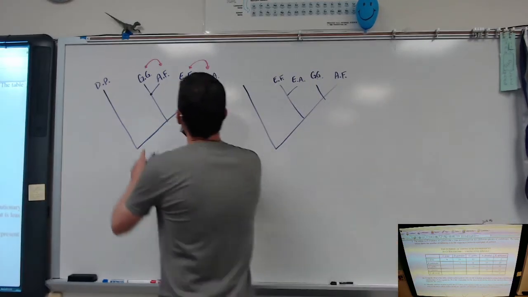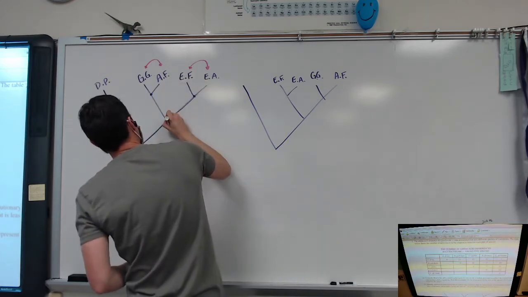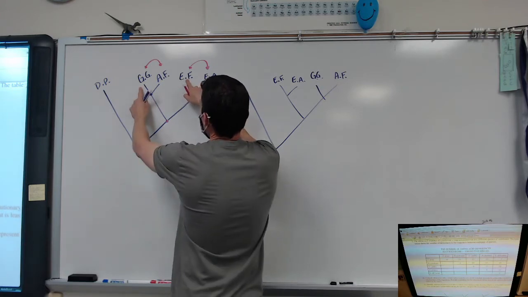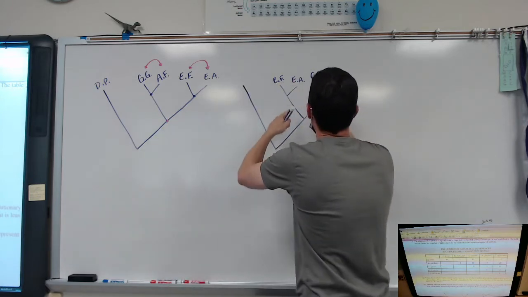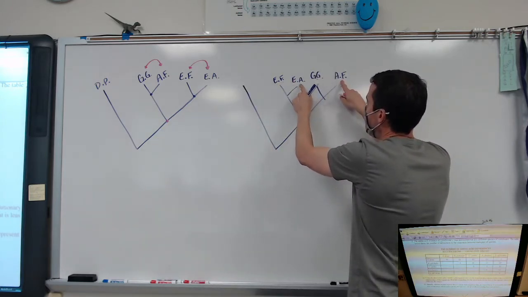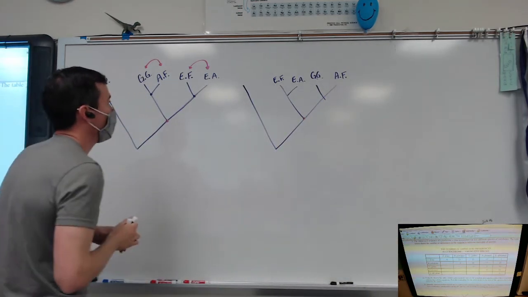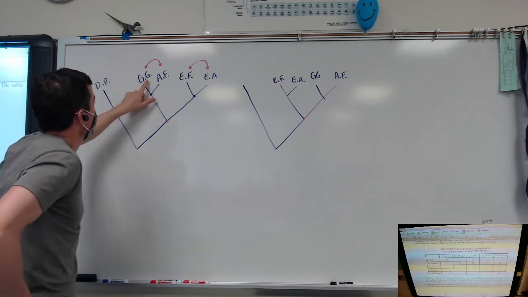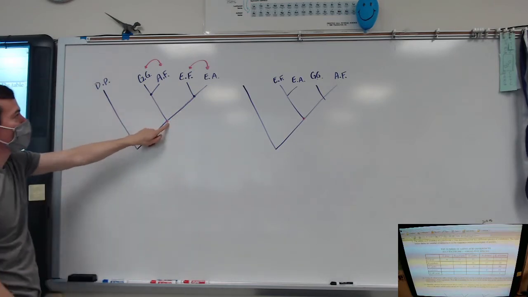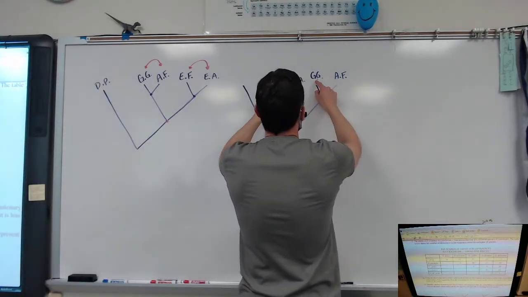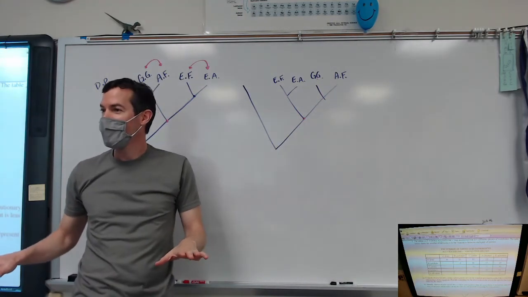The reason is, how do these two compare to GG? They have that common ancestor. How does that guy compare to GG? That common ancestor. How does AF compare to EA? That common ancestor. Even if I flip-flop these, it's still the same common ancestor. If I compare this guy to this guy, that's their common ancestor. If I flip-flopped them and compared this guy to this guy, that's their common ancestor. So it didn't change anybody's relationships.